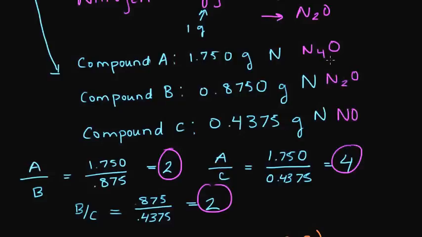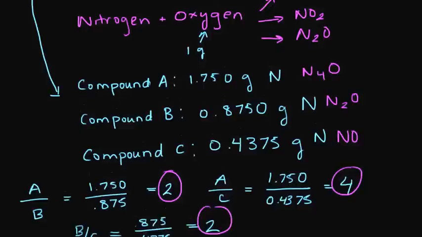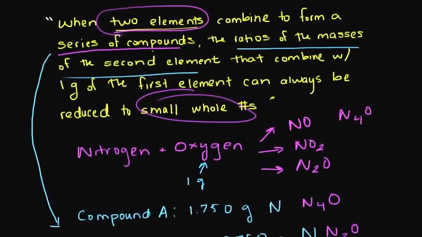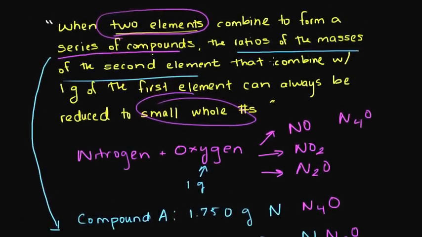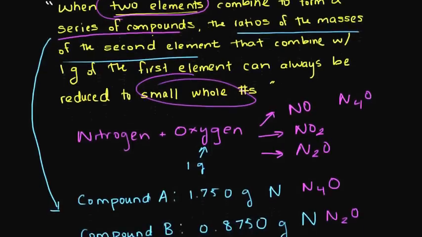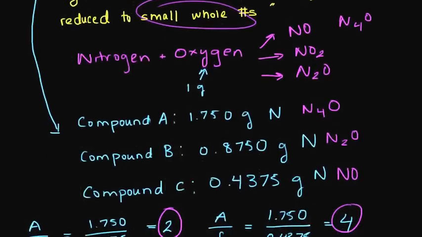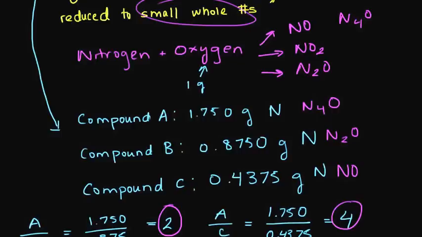Remember, we're not talking about atoms yet, we're just talking about some packet of mass that is nitrogen, some packet which can combine differently with oxygen to produce different compounds. And so that's what the law of multiple proportions says. It says essentially that elements come in little packets, and when we form different compounds, the ratios of the masses of the elements between those compounds are always going to be small whole numbers because it just reflects the different numbers of packets. But what are these packets?